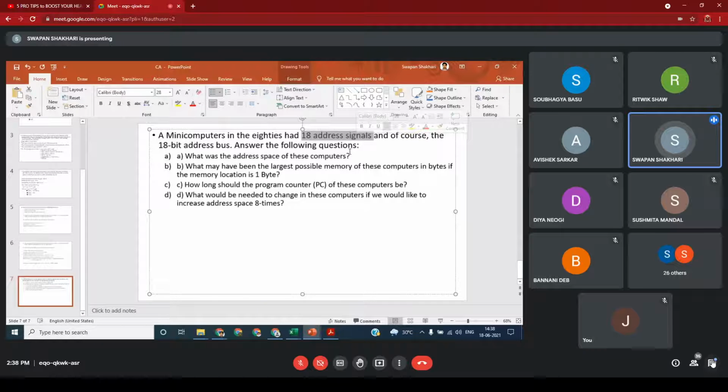This mini computer can generate 18 signals, which means 18 bits high or low. So this would be 2 to the power 18.